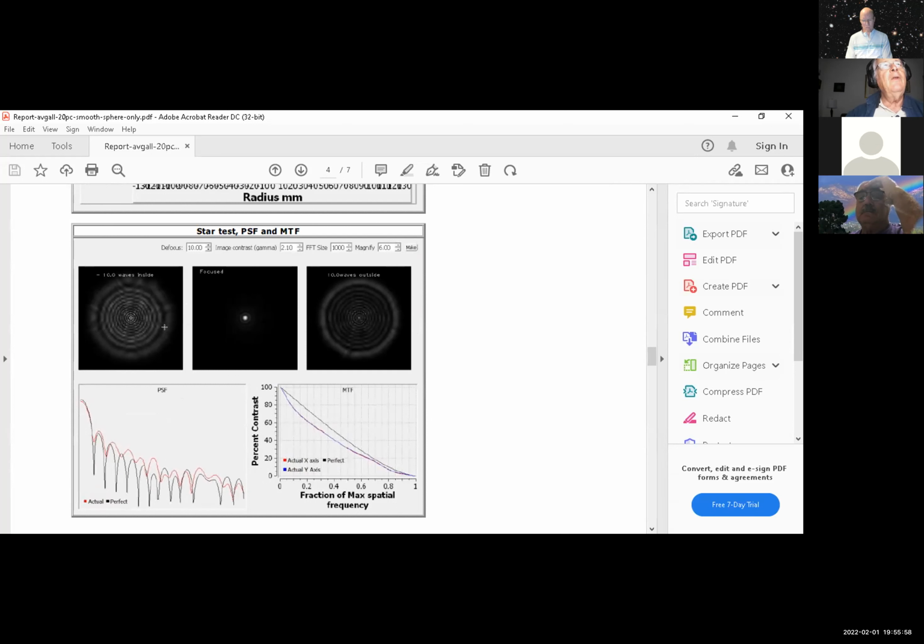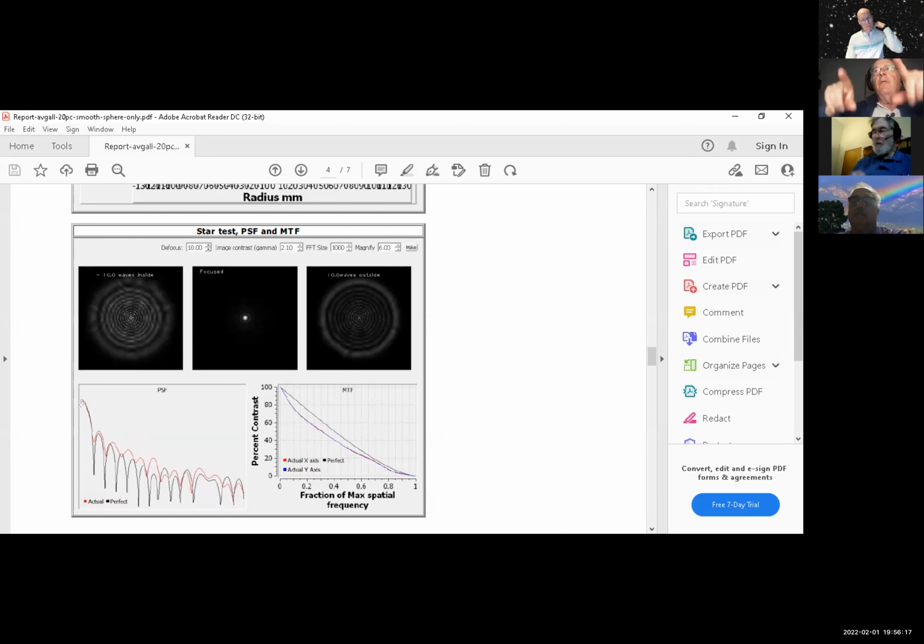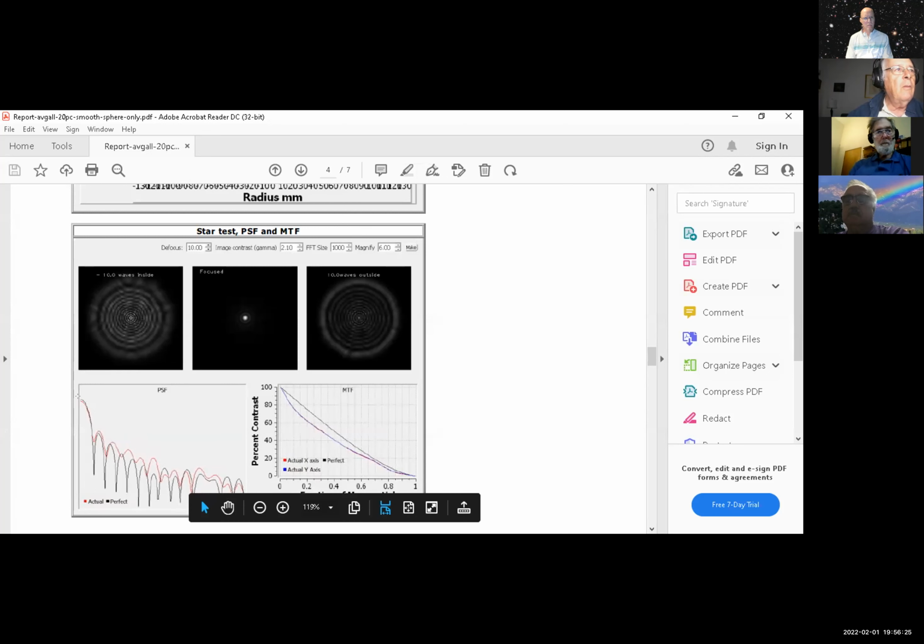I knew there was a slight difference, but I couldn't categorize it. And to tell you the truth, I need to learn how to do star testing a little bit better than I did before. So your point spread function is basically where they show the central point, it goes down, you get your first ring and your second ring. That's what this is all about.